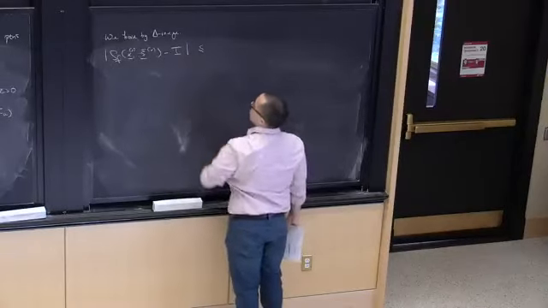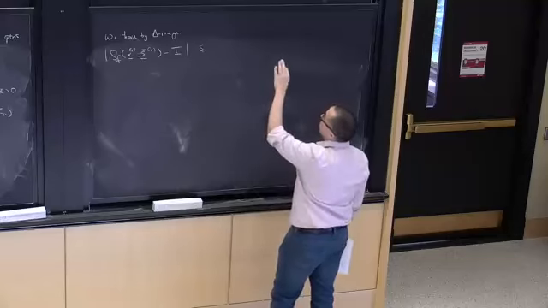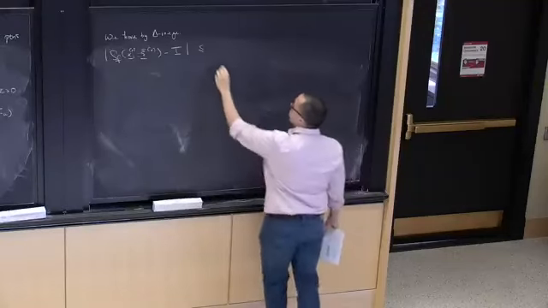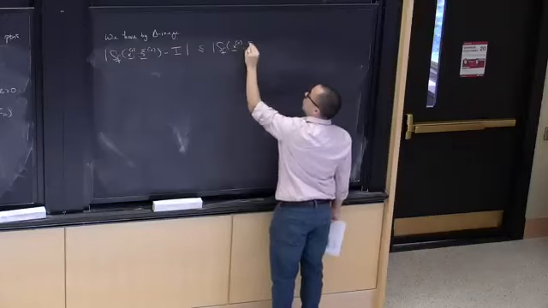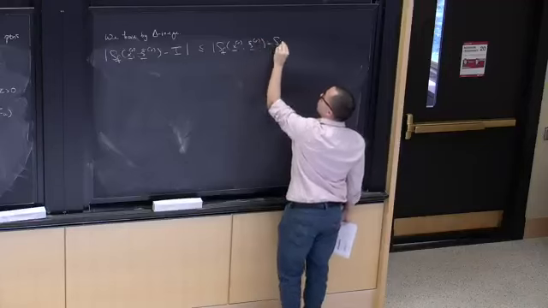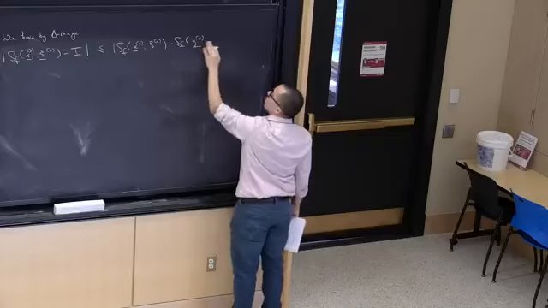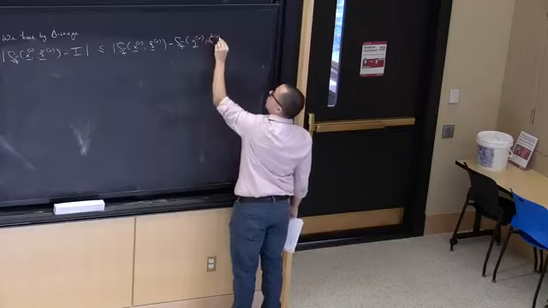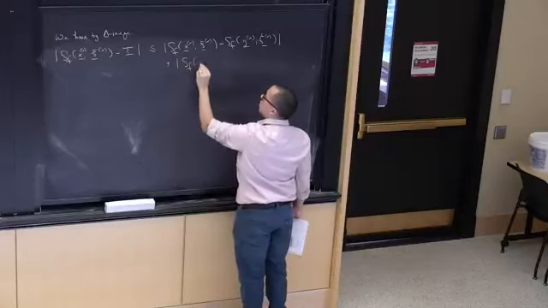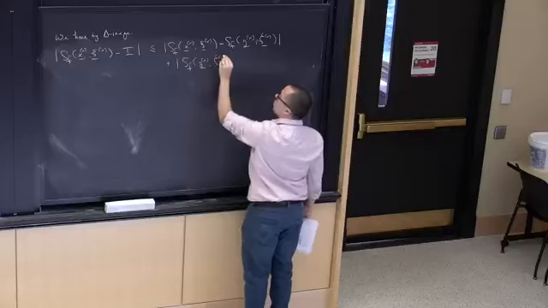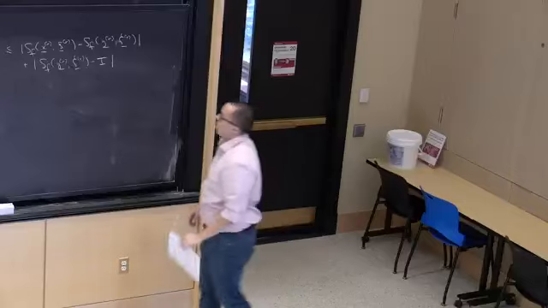So adding and subtracting the Riemann sum associated to the partition y and zetas, this is less than or equal to, by the triangle inequality, the Riemann sum of the arbitrary partition minus S_f of y_r and zeta_r, plus S_f of y_r and zeta_r minus I. And so I'm almost there.